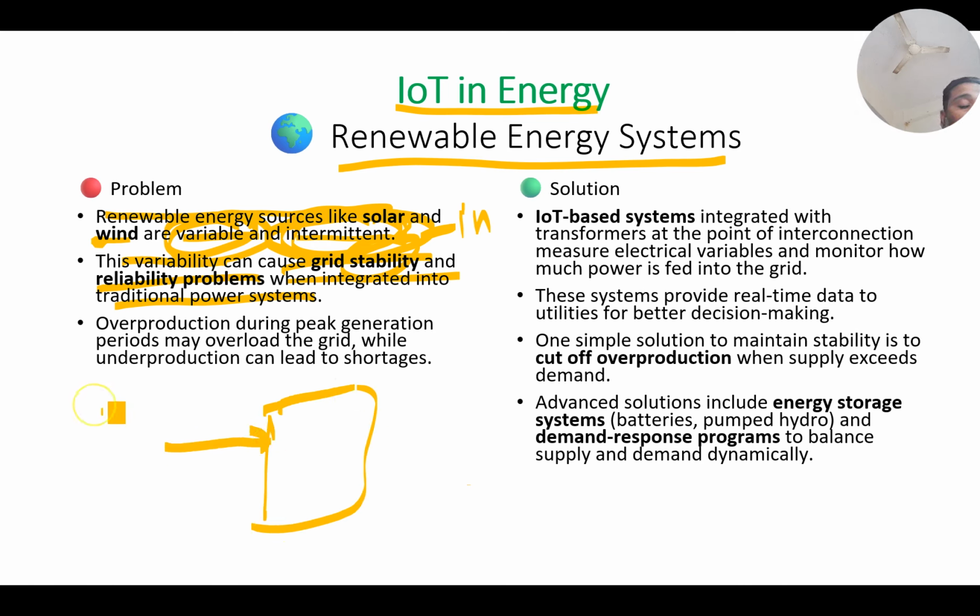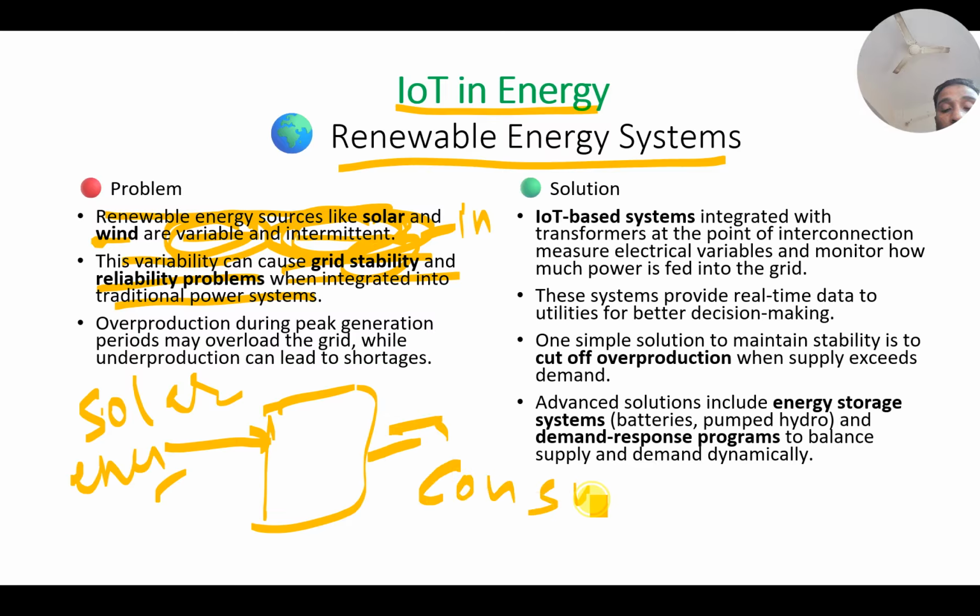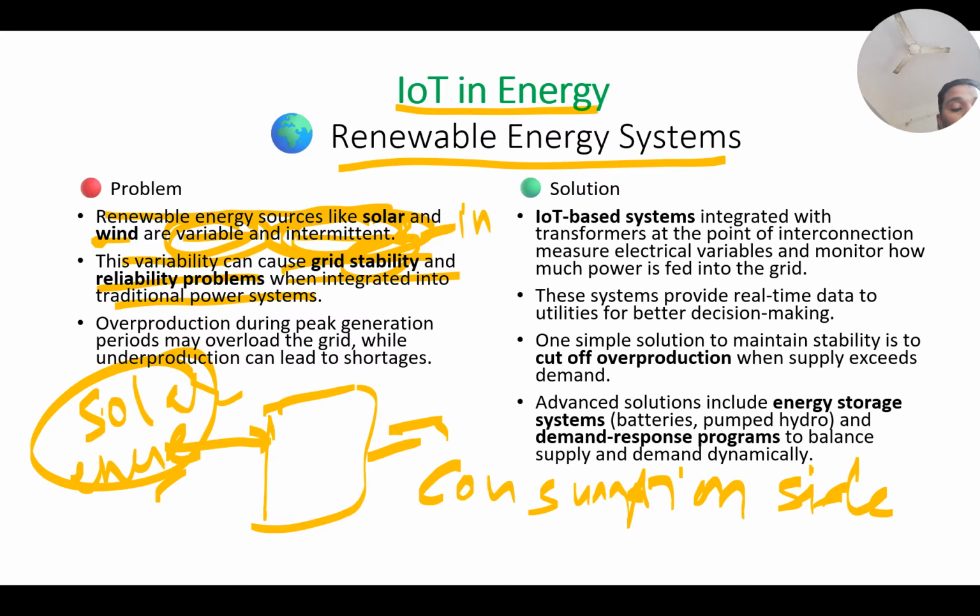first I feed the power using solar energy. Solar energy, here we have the consumption side, right? When solar energy is not enough, it is a cloudy day, then I check whether the wind energy is available. Wind energy is available.